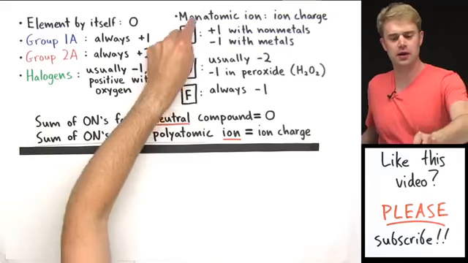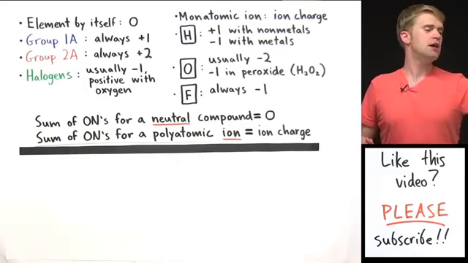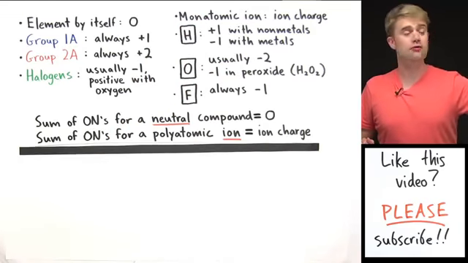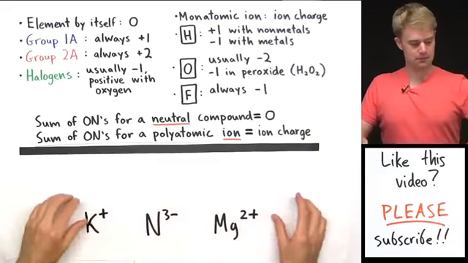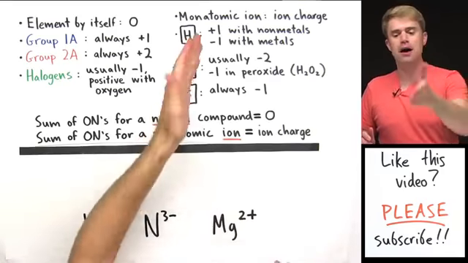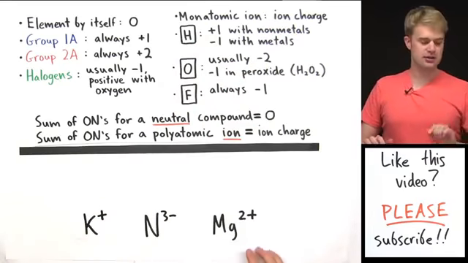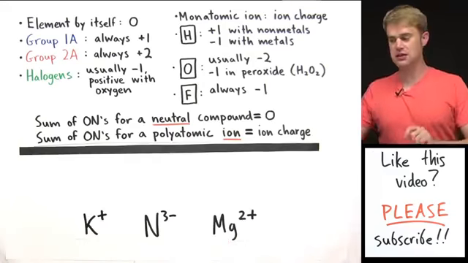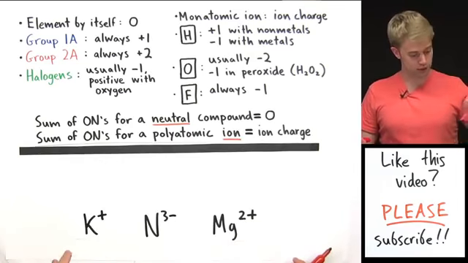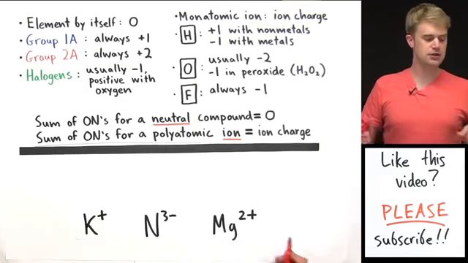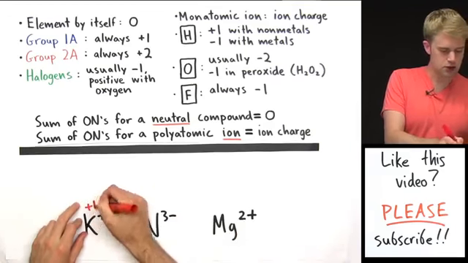The other rule here is about monatomic ions. These are ions that are made of only one atom. So like this. For monatomic ions, their oxidation number is the same as their ion charge. So for K+ here, its oxidation number is going to be +1.